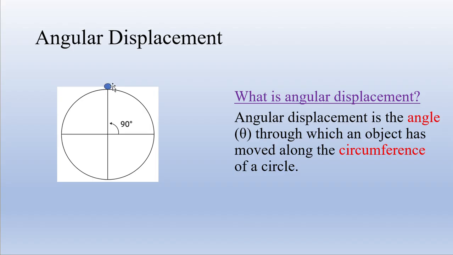If it moves all the way through the circumference of the circle right back to where it started, then it's moved through a 360-degree angle. And if it moves all the way to the right hand side of the circle, then it's moved through a 90-degree angle. So this is where the term angular displacement comes about: it's just the angle through which an object has moved along the circumference of a circle.